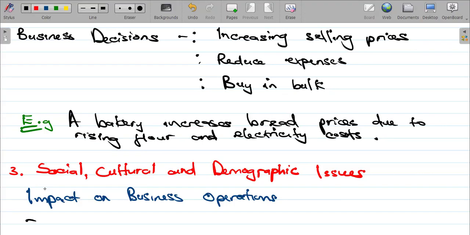There are products that are not used in other cultures, meaning the demand for that product will be very low, right?